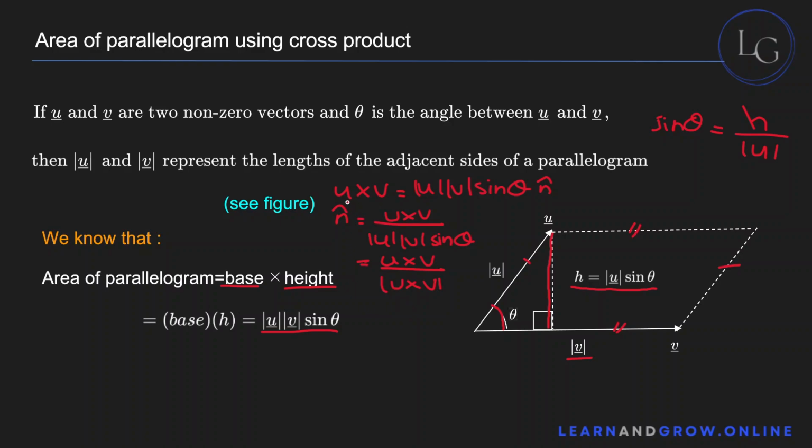Since we're not concerned with this particular expression, because we're just here to find the area, you can basically write this term as equal to the denominator over here. So the area of the parallelogram is equal to the magnitude of u cross v.